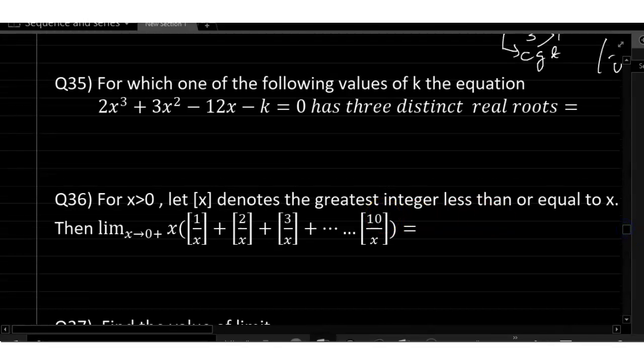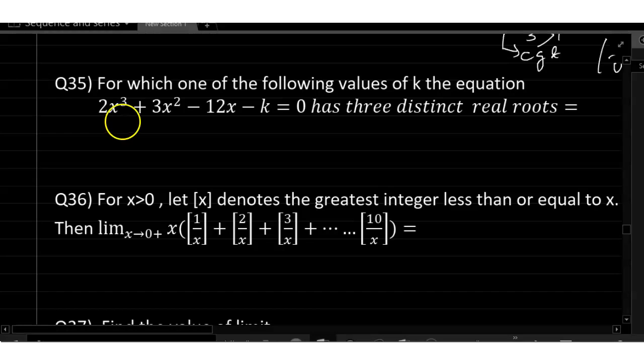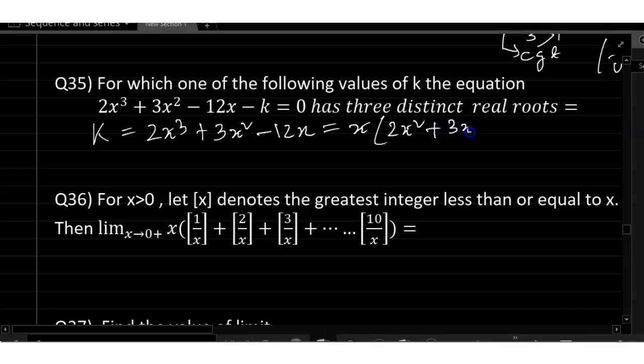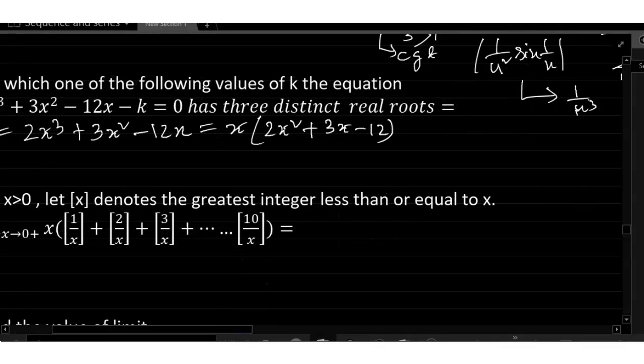Now we will solve question number 35. Let f(x) equal 2x cubed plus 3x squared minus 12x, and consider f(x) = k.